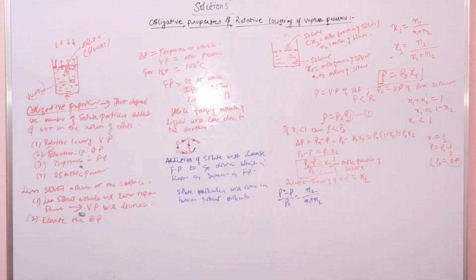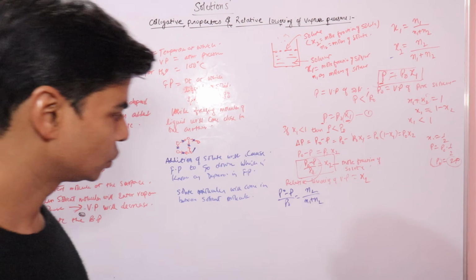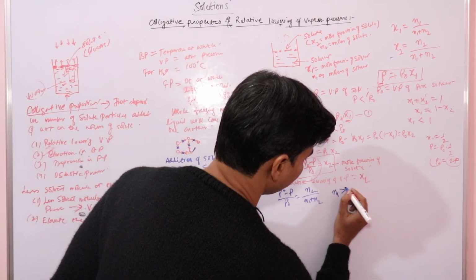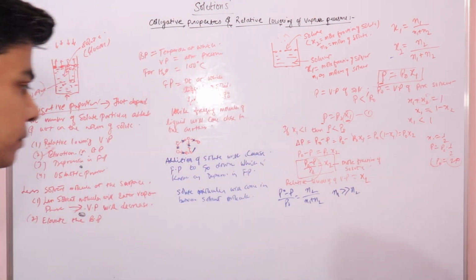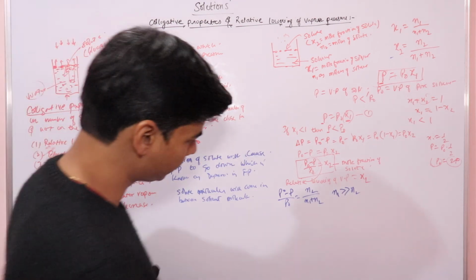And we know that n1 is the number of moles of solvent, and n1 would be very much greater than n2, because for dilute solutions the moles of solvent would be very much higher than that of solute, right? Since n2 is very small, we can ignore n2 here.